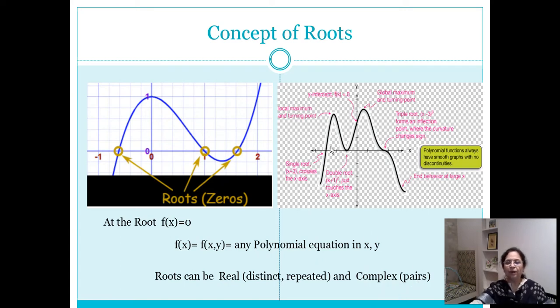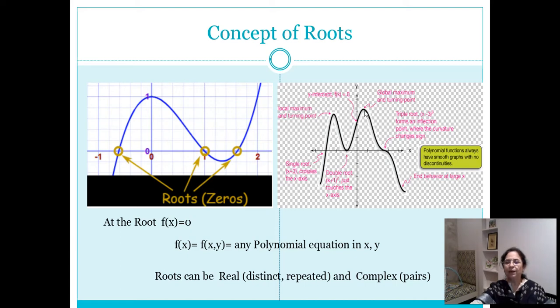This can be identified as a single root which is located here. This is a double root because there is a change of curve which we are seeing here. So it meets the x-axis and then repeats the root, and it turns towards the other point.